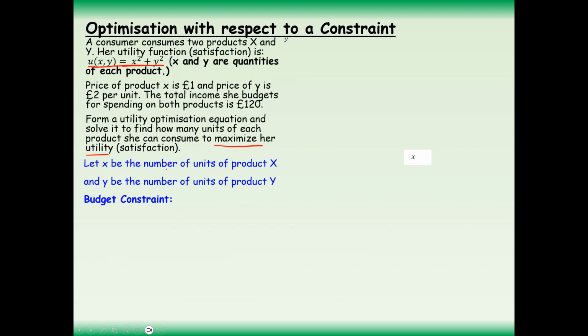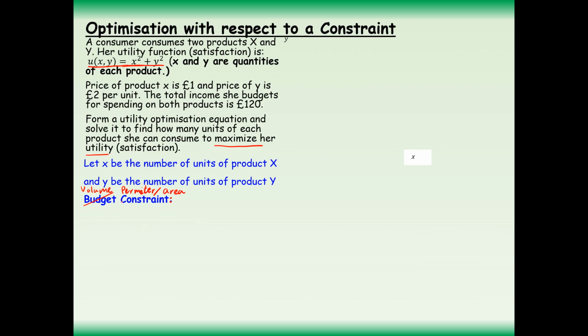Now, I've used the word budget here. We always have some sort of constraint in these kinds of questions in this last exercise. It might be a volume constraint, a perimeter constraint, a circumference constraint, or an area constraint.